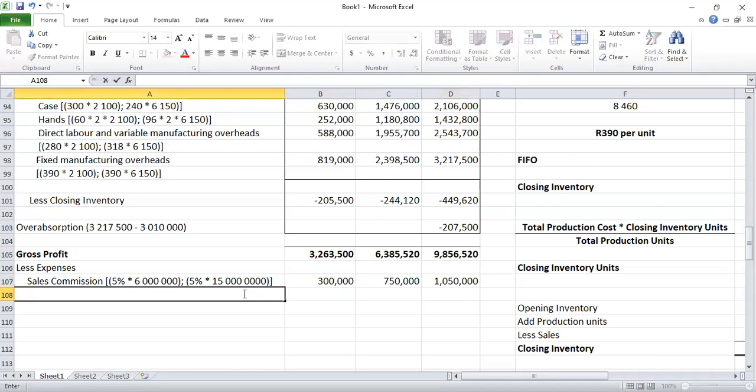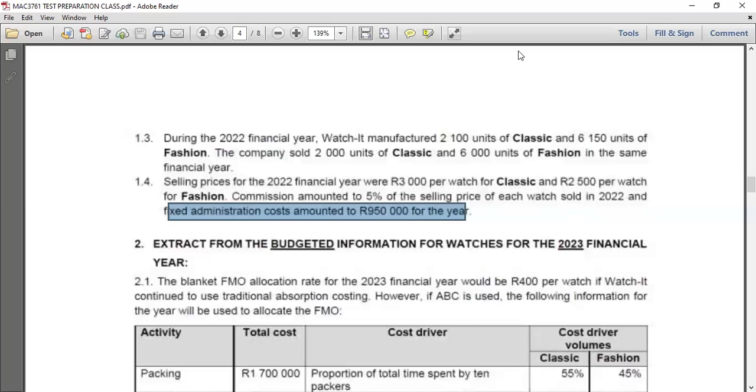Right. Then we're also given the fixed administration cost 950.